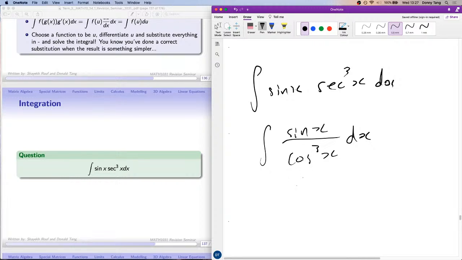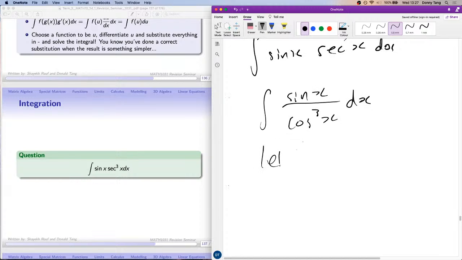So if you differentiate cosine, it's going to be equal to sine. And that's when you want to set that as u. In this case, I'm saying it doesn't matter because when you differentiate sine, you also get cosine. But in other examples, you're going to have to choose more carefully.